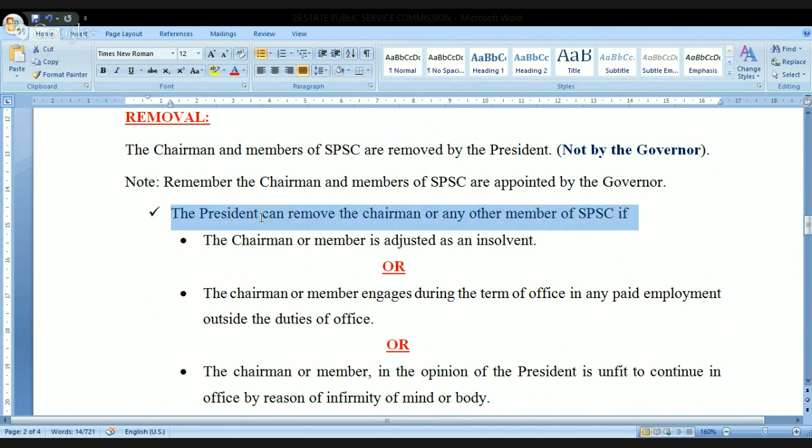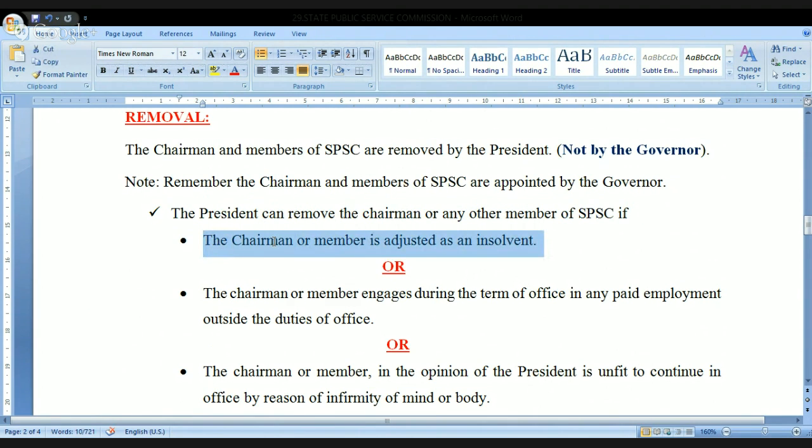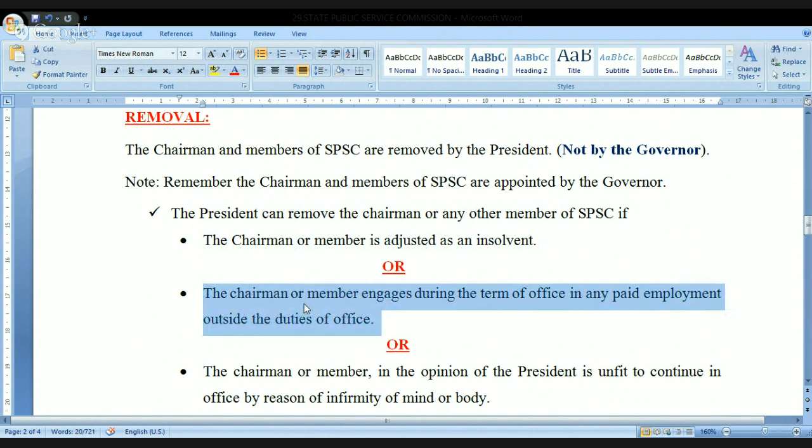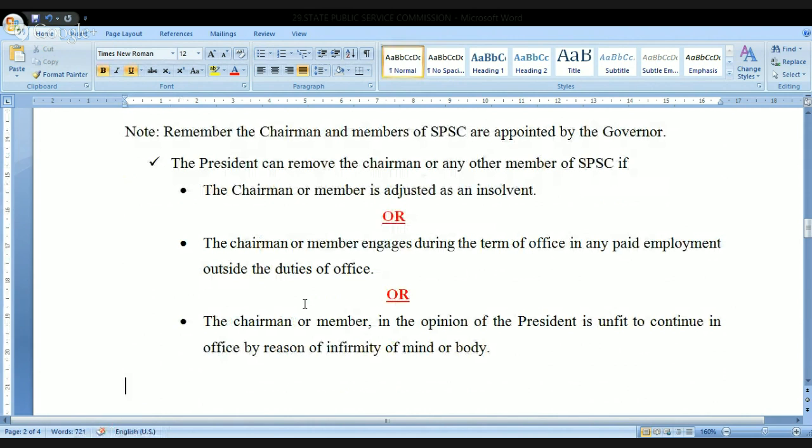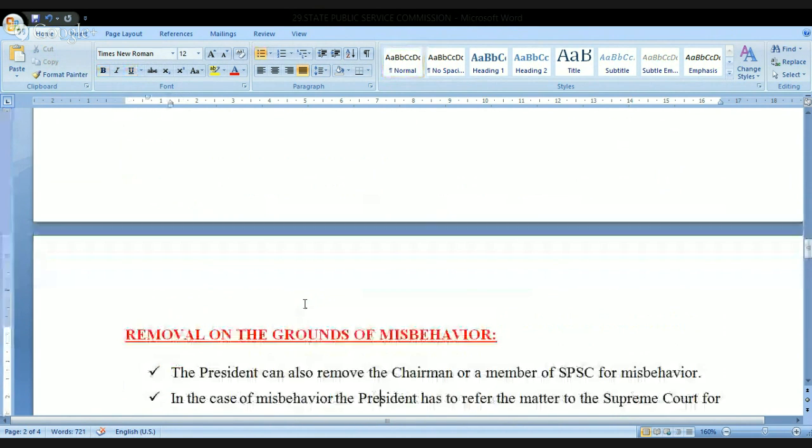The president can remove the chairman or any other member of the State Public Service Commission if, look at the points, just repetition: the chairman or other member is adjudged an insolvent, or the chairman or member engages during the term of office in any paid employment outside the duties of the office, or the chairman or member, in the opinion of the president, is unfit to continue in the office by reason of infirmity of mind or body. Reason may be anything, the president can remove.